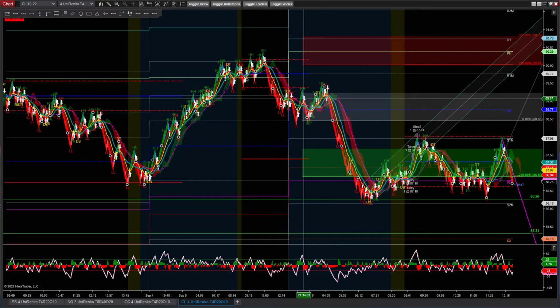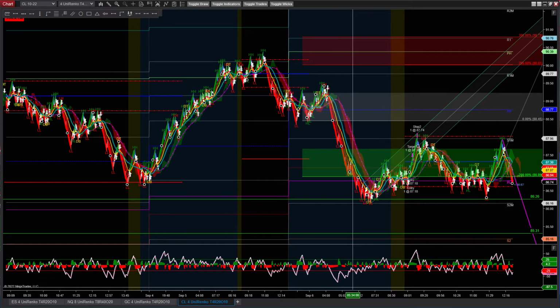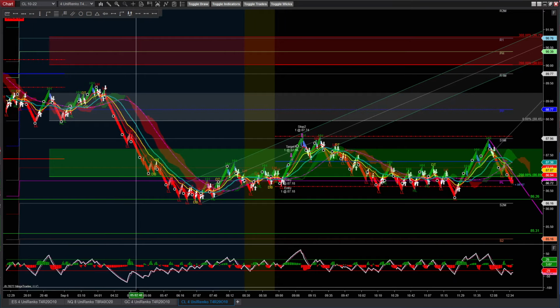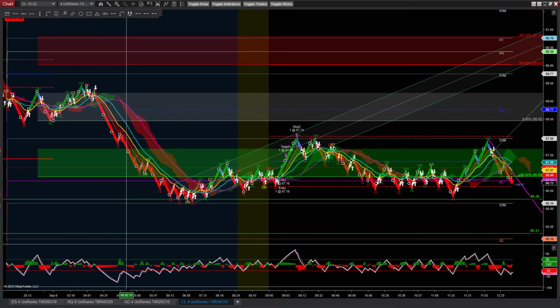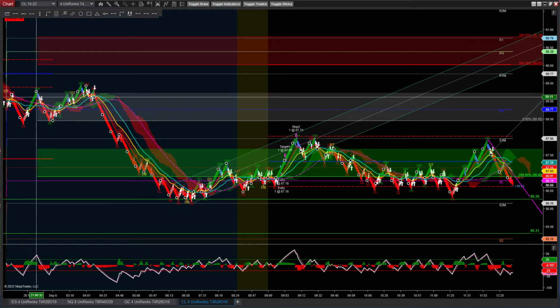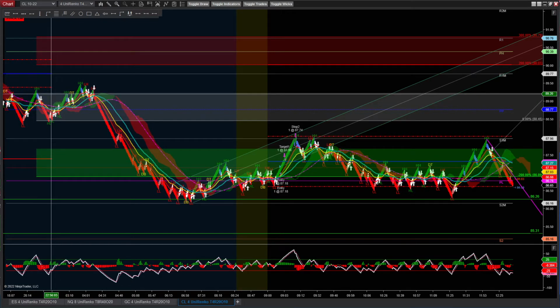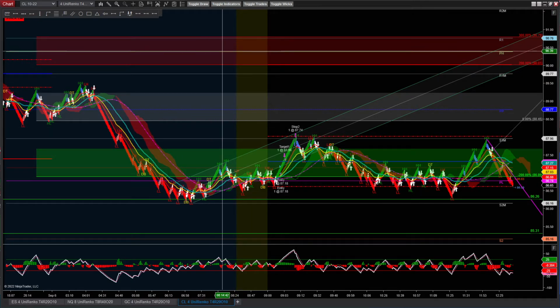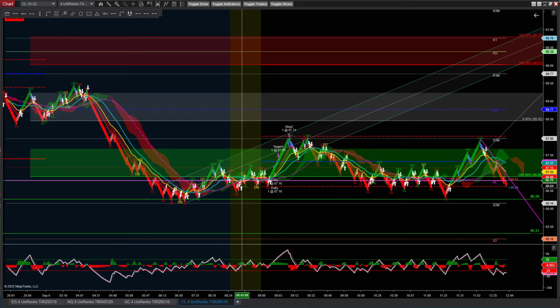So I thought it was a good area where I can draw a range channel right there, range area. And then you have the oversold area here, the overbought area here, and the oversold area down below.